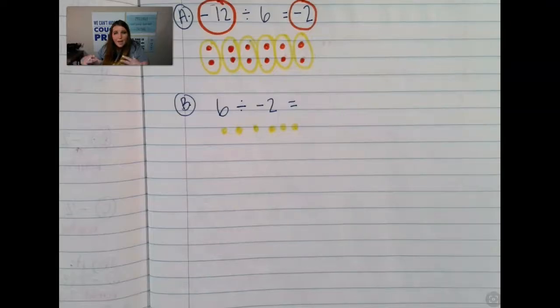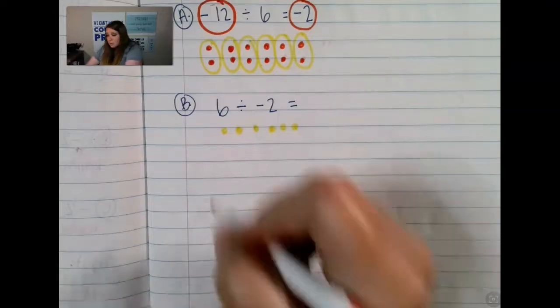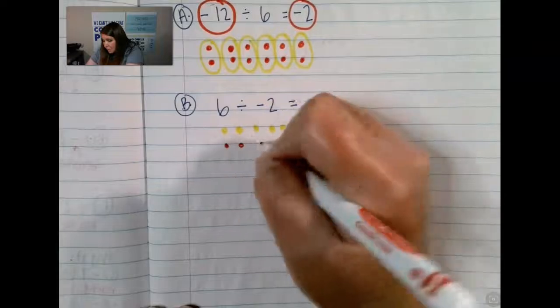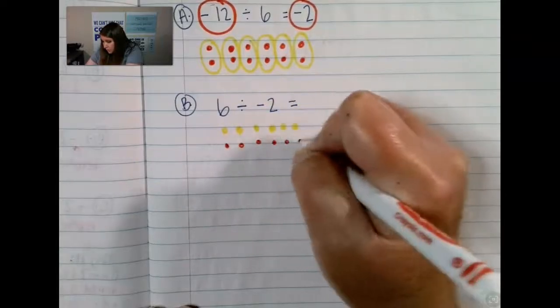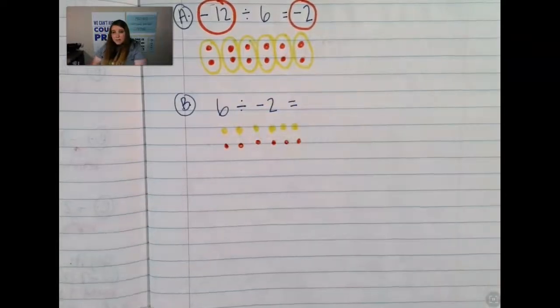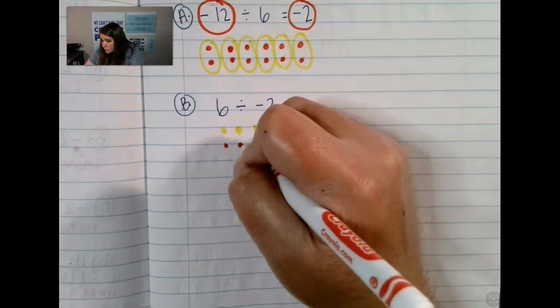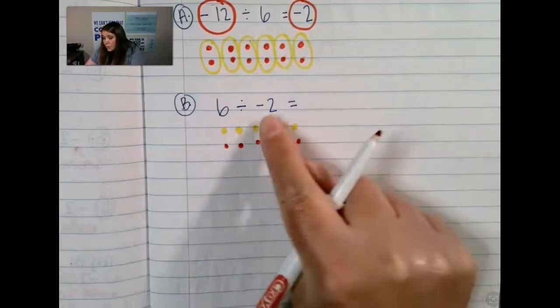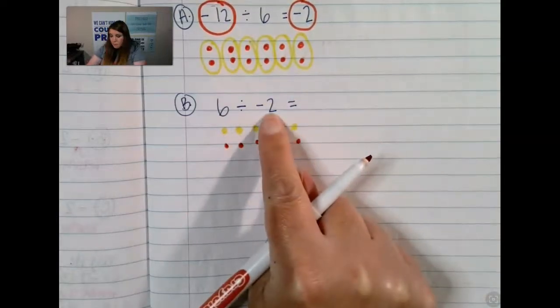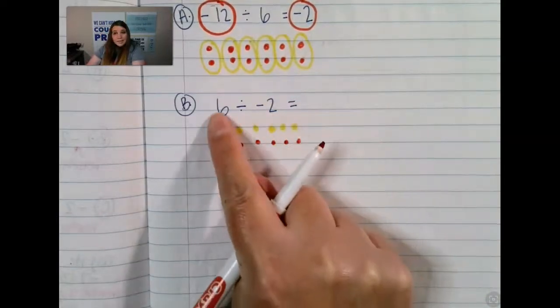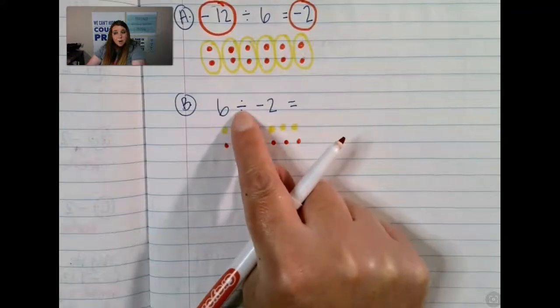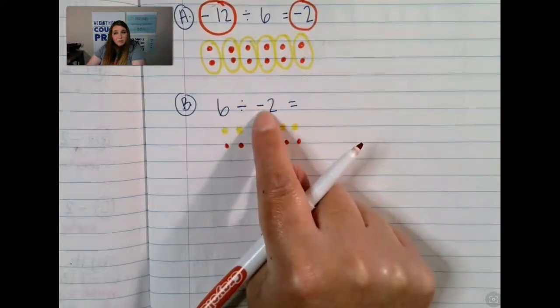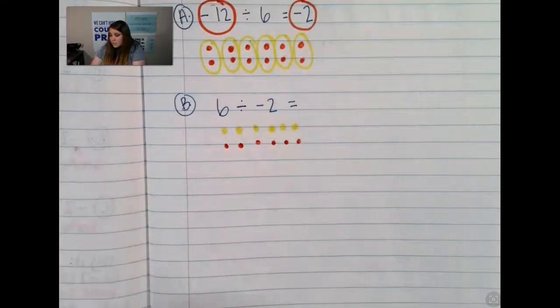So I need to create the possibility by making 0 pairs. Now I have the possibility of splitting this up into groups. I had 6 and I need to divide so that I have groups of -2.